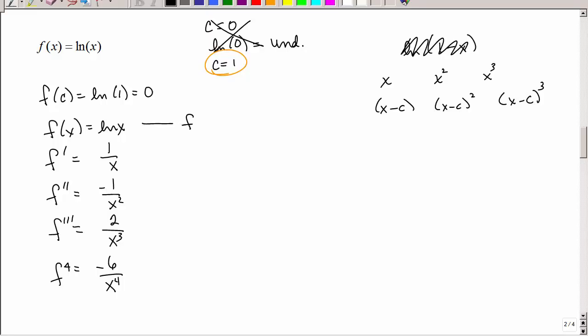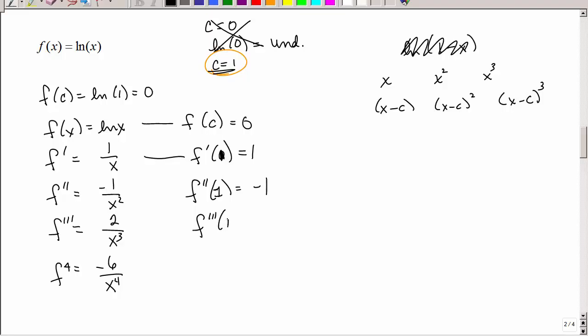All right, but let's forge ahead. F of c, and remember c is 1, that's going to be 0. The first derivative evaluated at 1, which is my c. The second derivative evaluated at 1. Third. Fourth. Don't see too much of a pattern there either.